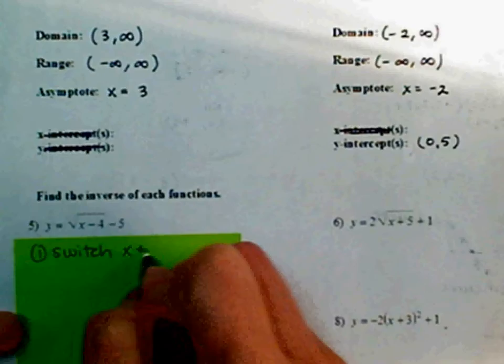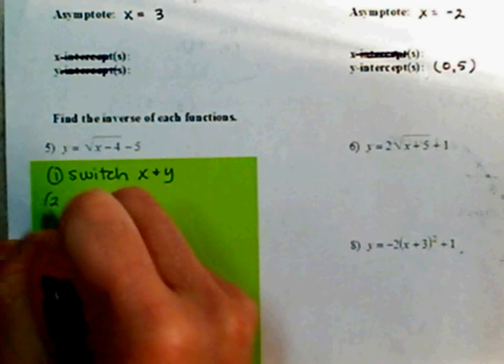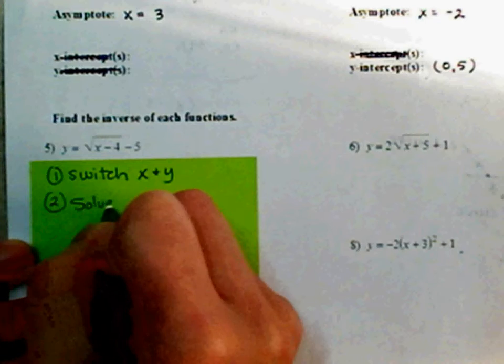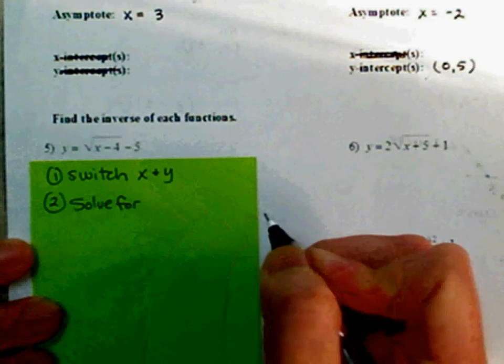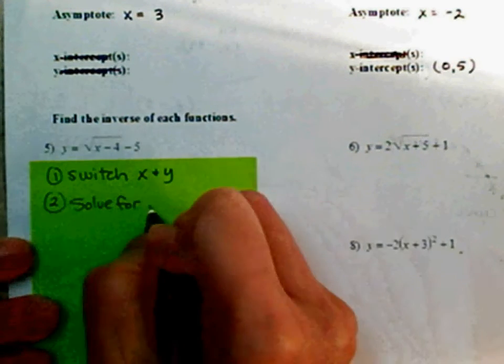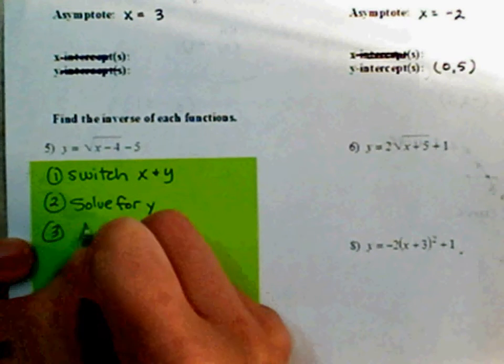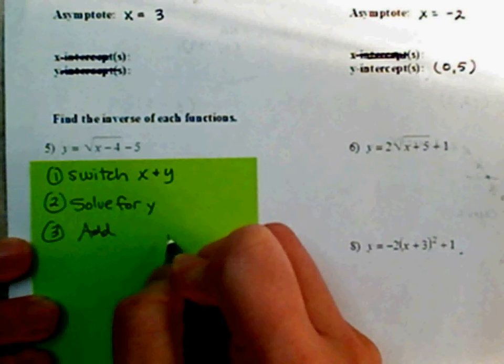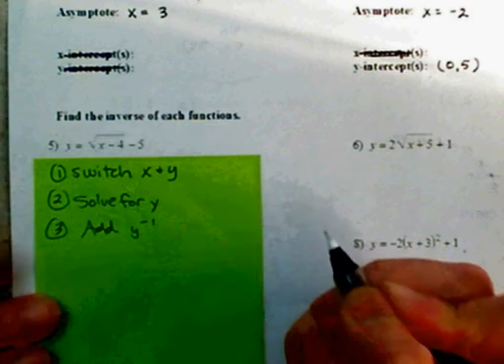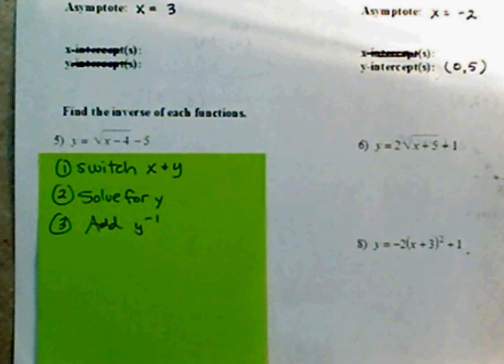Number 2, what do we solve for? Y. Good. Number 3, what do you add? Negative 1. Just remember to do those things. You solve for your X and Y, you solve, and then you add negative 1.